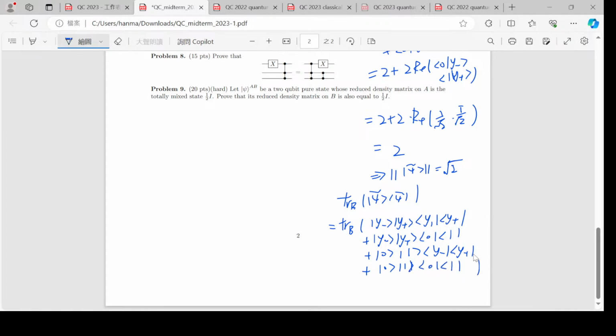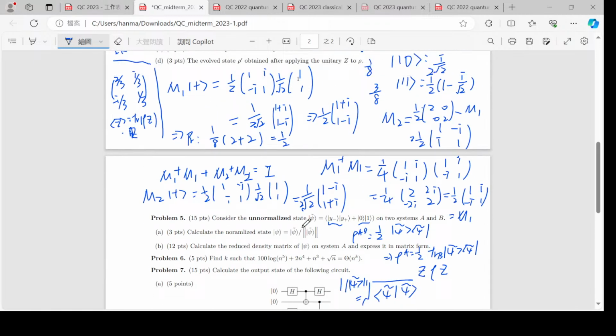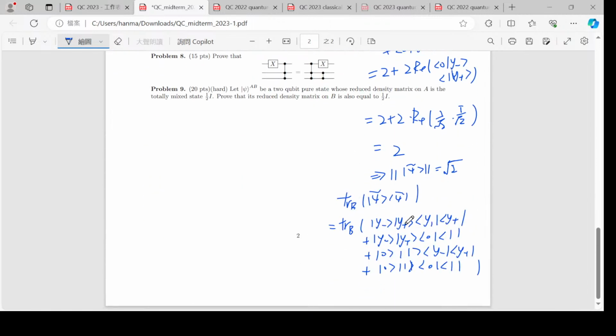We expand all four terms because there are two terms in the ket, and we turn it into a bra and multiply the bra with the ket, and that gives all four terms.